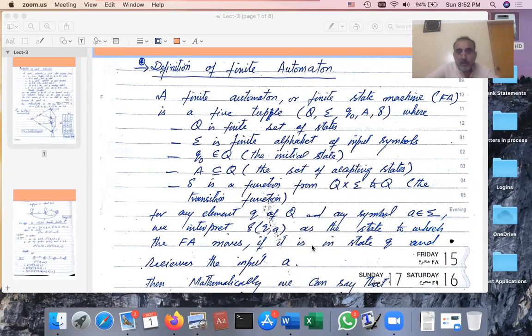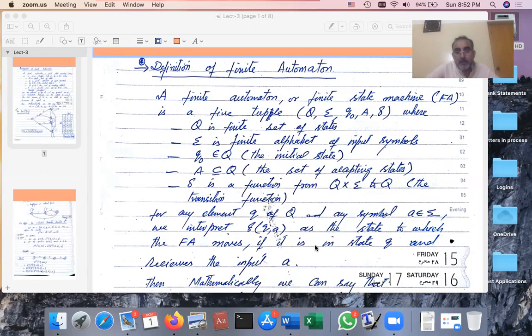So this delta of Q, A is the state to which the FA moves. Now you will understand what this delta of Q, A means. It is a function which enables us to move the FA to another state.